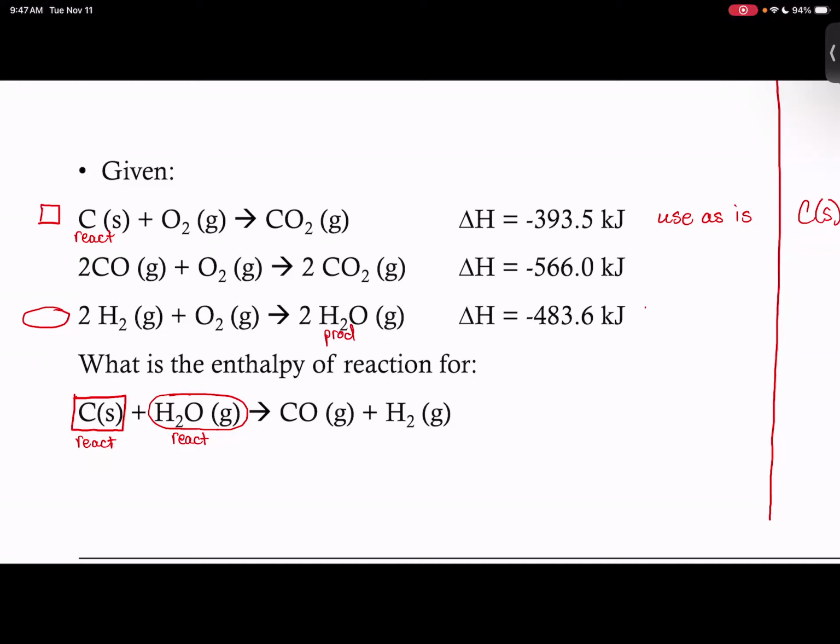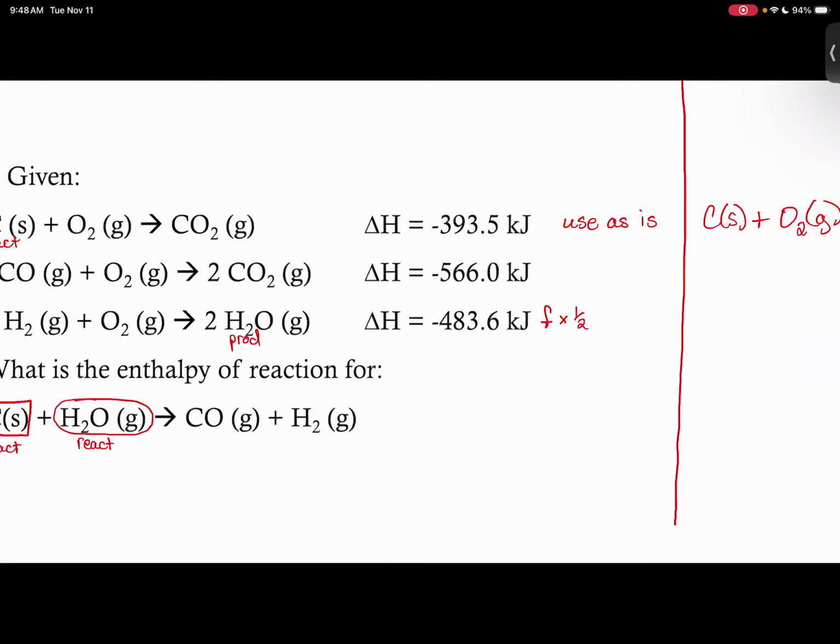So I'm going to have to flip or reverse this reaction. The other thing I notice is that I only need one water, whereas in this reaction I have two waters. Well, to get rid of two, I would multiply the entire equation by 1/2. So therefore, I'm going to multiply the enthalpy by 1/2.